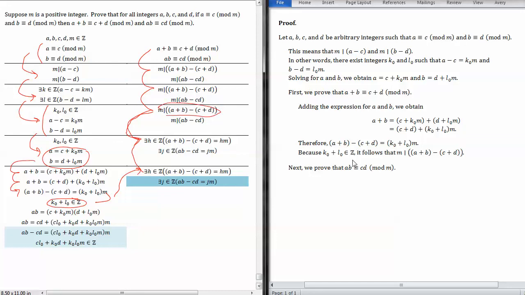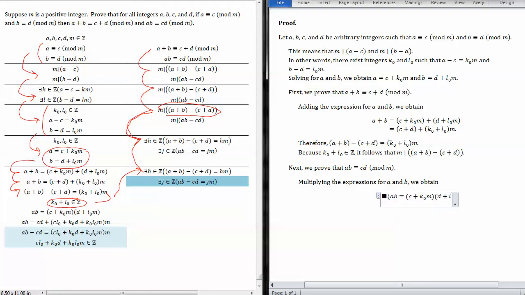Okay, and now we've got to do the multiplication one, which is going to be quite similar, so we'll breeze through this. Multiplying this time the expressions for a and b, we obtain a times b equals c plus k naught m times d plus l naught m.